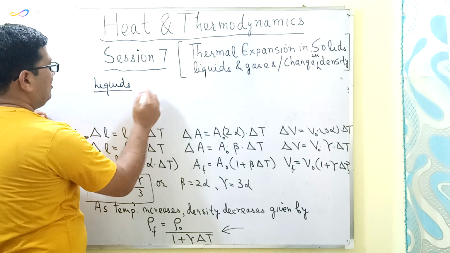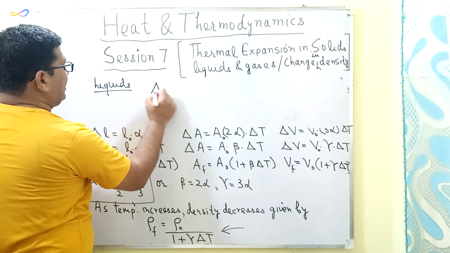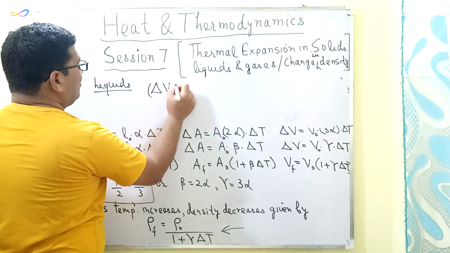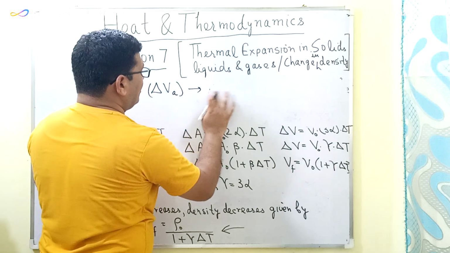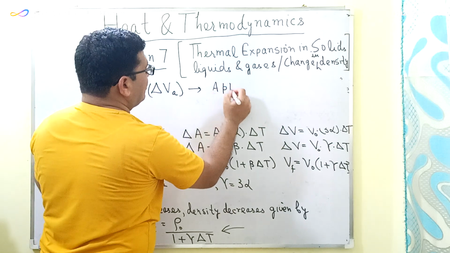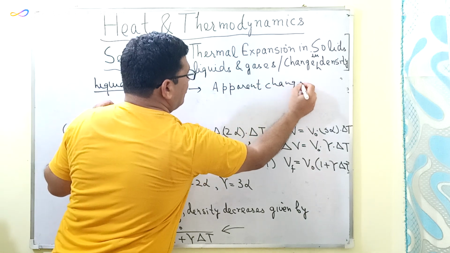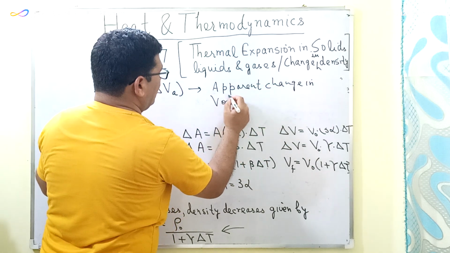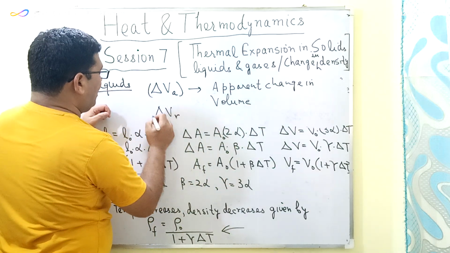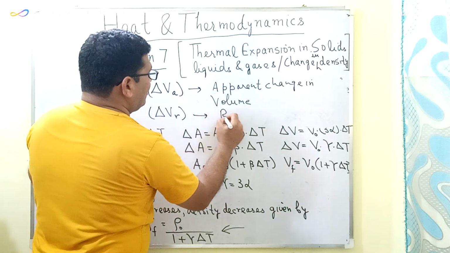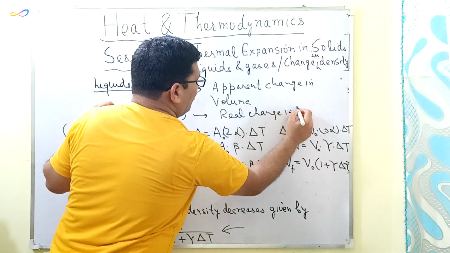One is delta V A, which is called the apparent change in volume, and delta V R, which is the real change in the volume.